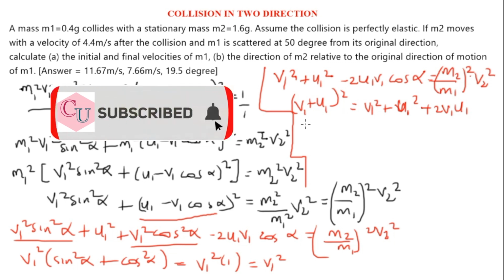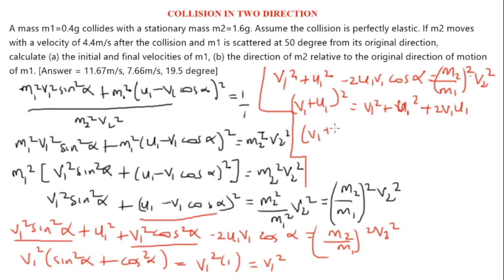So I can say that (v1 plus u1) all squared minus 2v1 u1 is equal to u1 squared plus v1 squared. So it implies that anywhere I see u1 squared plus v1 squared, I will just substitute it with this. So instead of having this in this equation, I will have this.